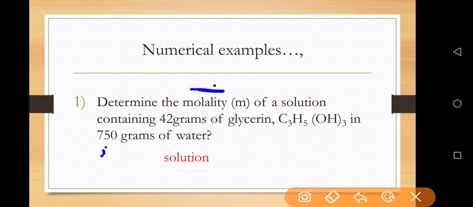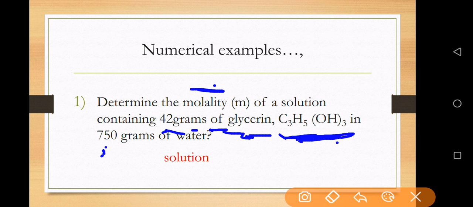In this case, let's start by calculating the number of moles. We all know that number of moles is given by mass given over relative molecular mass. In this case, our mass given is 42 grams of glycerin, and our relative molecular mass we will get from this formula which we have been given. So we need to find the total relative molecular mass of this compound.